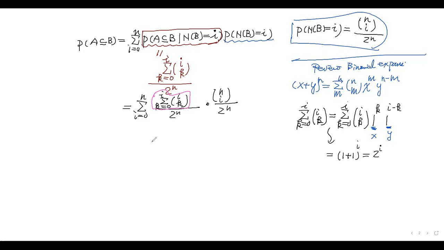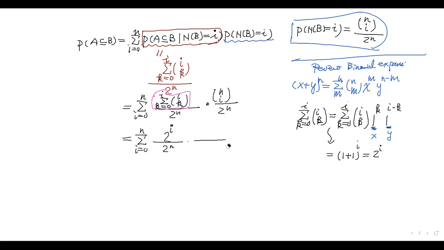Okay, so now we simplify that. So this is a summation i from 0 to n of n choose i times 2 to the i.